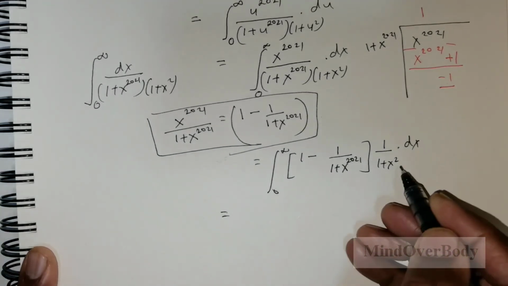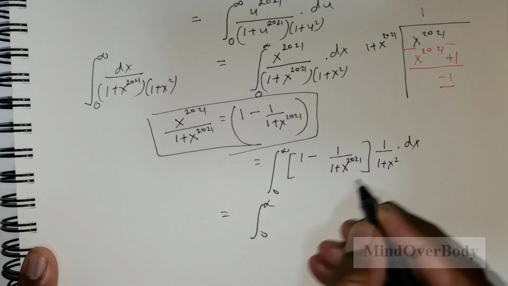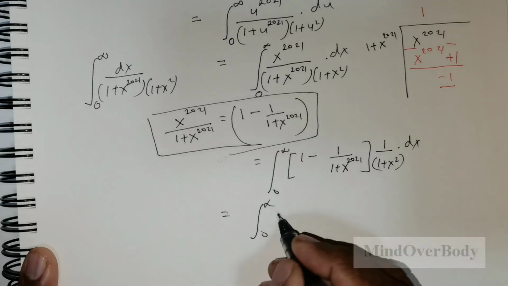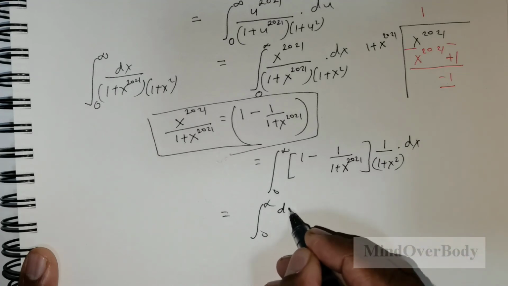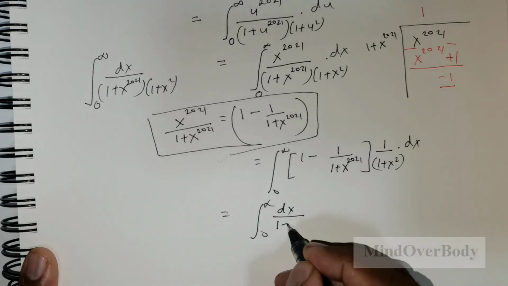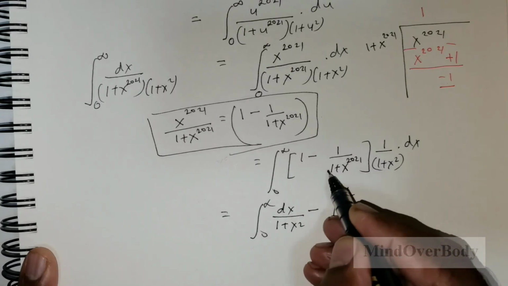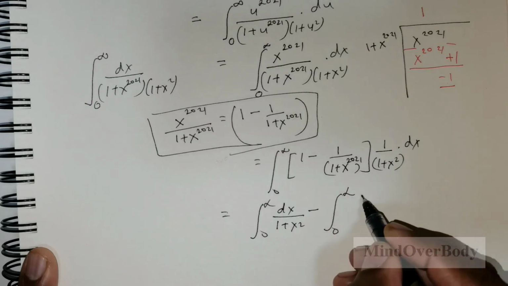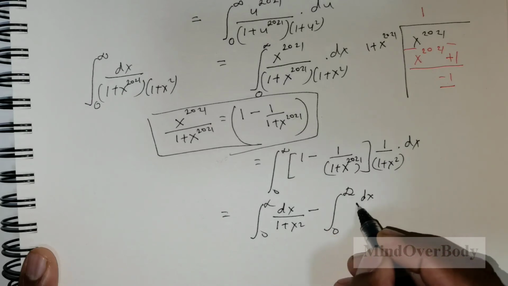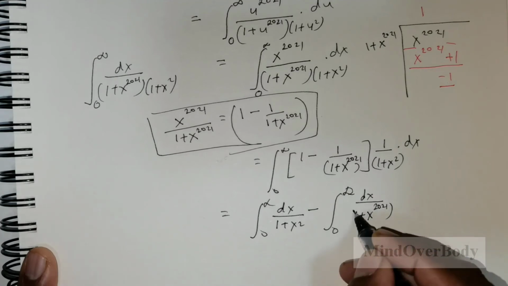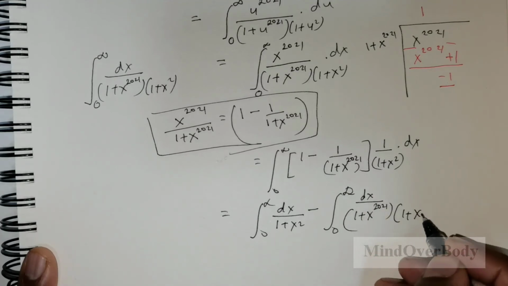Now this can be rewritten as the integral from 0 to infinity of dx over 1 + x^2, minus the integral from 0 to infinity of dx divided by (1 + x^2021) times (1 + x^2).